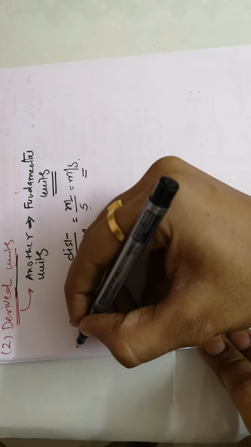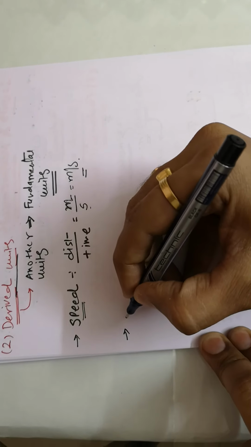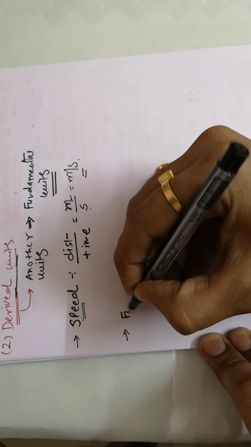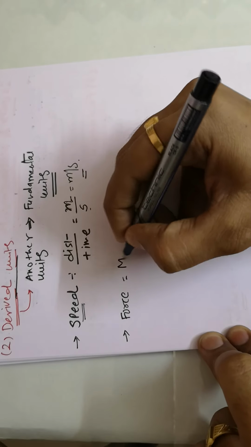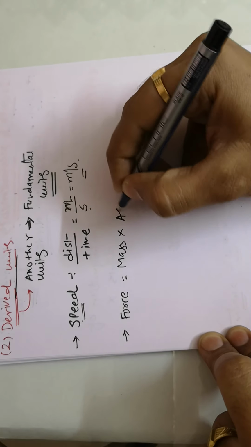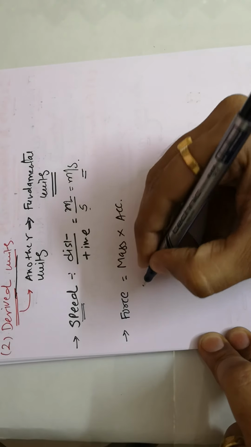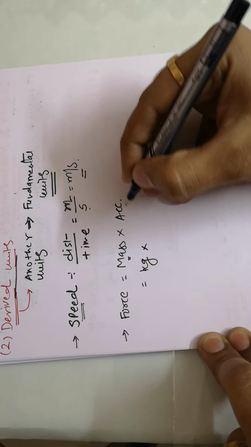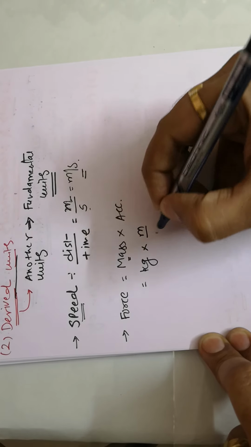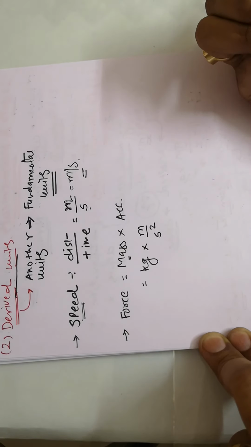Another famous quantity, let's take an example of it. It is called force. In force, you are saying that it is mass into acceleration. The unit of mass is kilogram, and for acceleration you are aware of meter per second square or centimeter per second square.